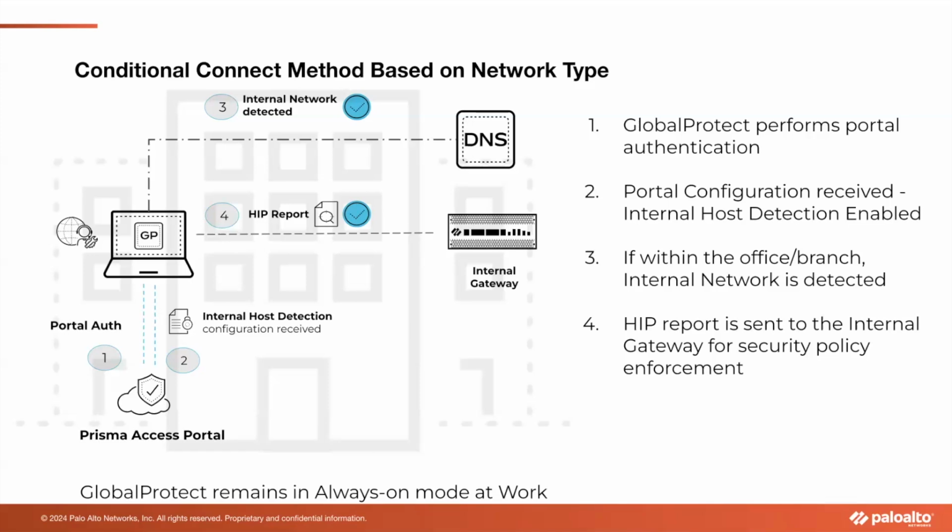It is useful in environments where users connect to GlobalProtect at all times when they are in the office, in the always-on mode, but they don't require GlobalProtect connectivity when they are away from the office, except maybe when they are accessing the private apps within the organization. So with Conditional Connect, GlobalProtect uses the internal host detection to determine whether the user is on the internal network, and then it will set the connect method accordingly.